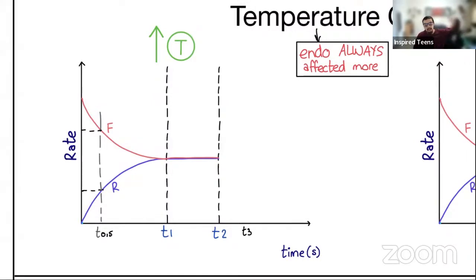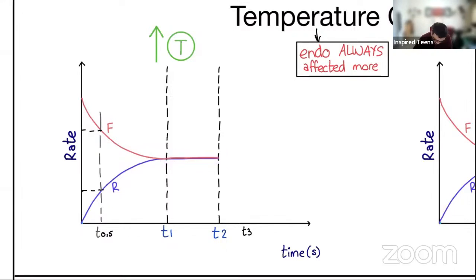Thereafter, once we start increasing the amount of products we form, the rate of the reverse increases. And then the rate of the forward is decreasing because slowly we are using up more and more reactants until we reach the same rate. And that is known as chemical equilibrium.